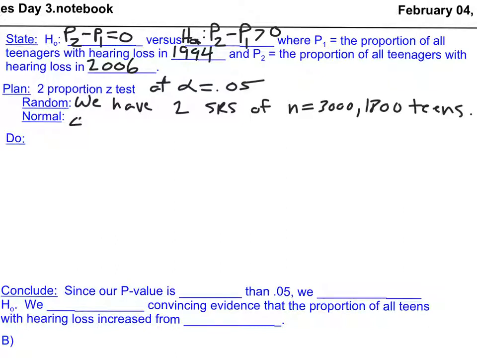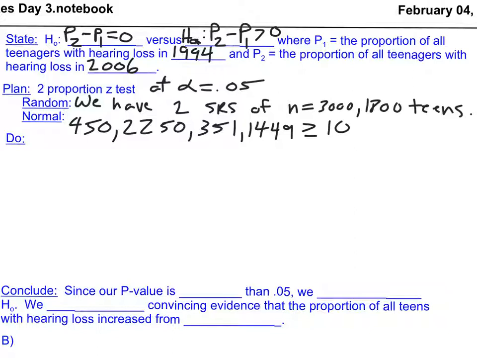Normal. There's successes and failures from 1994. I had to calculate these myself, and they're coming from 0.15 times 3,000 and 0.85 times 3,000. Successes and failures from 06, and yes, indeed, those are all way over 10, so our normal condition is met. And we head down to the do step.